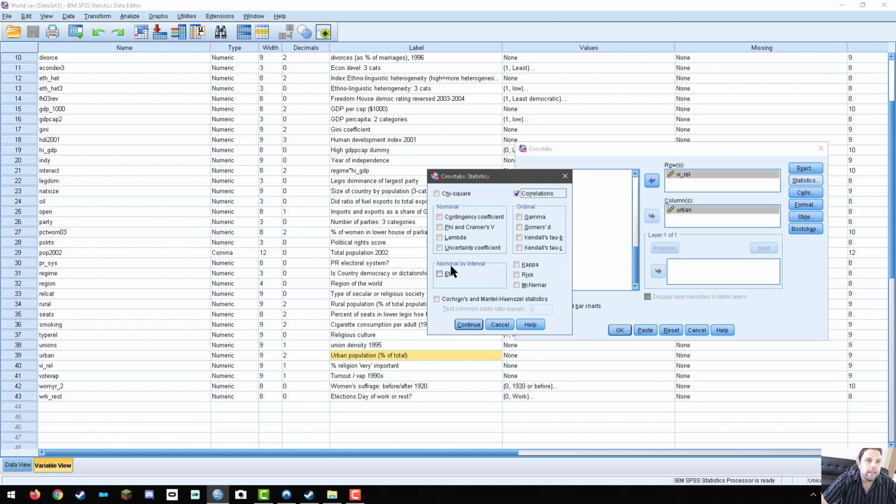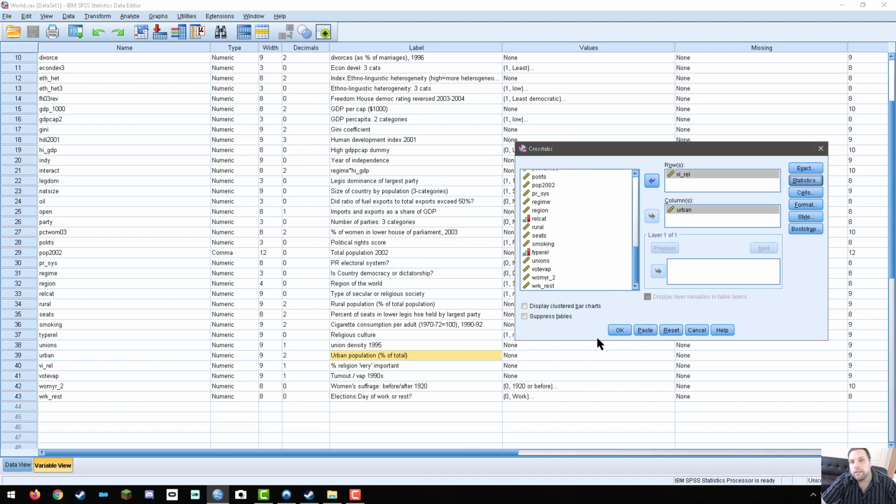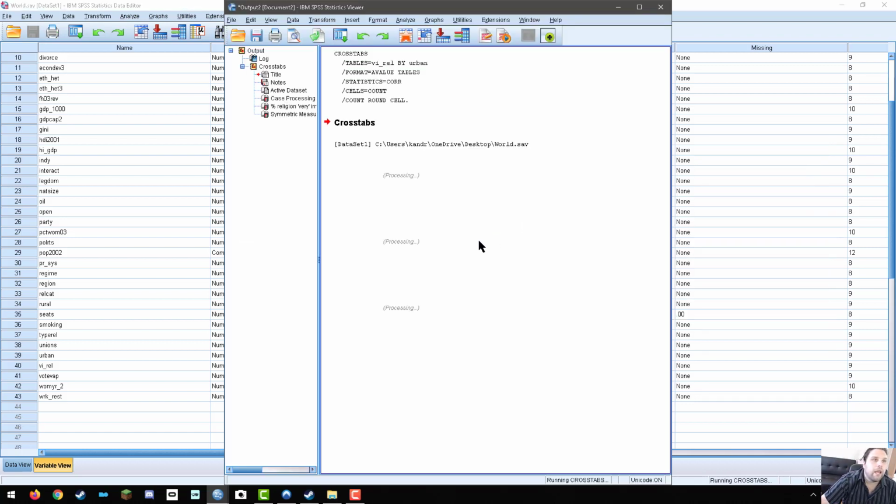We've got eta, and if you square that value, you'd get eta squared. So that's another thing that is discussed in a lot of textbooks on statistical analyses. But for now, we're just going to click off correlations because, again, if we're doing interval and ratio level data, we can do a Pearson's R test, which is located under correlations. Okay, so we're going to hit continue, and then I'm going to hit OK.